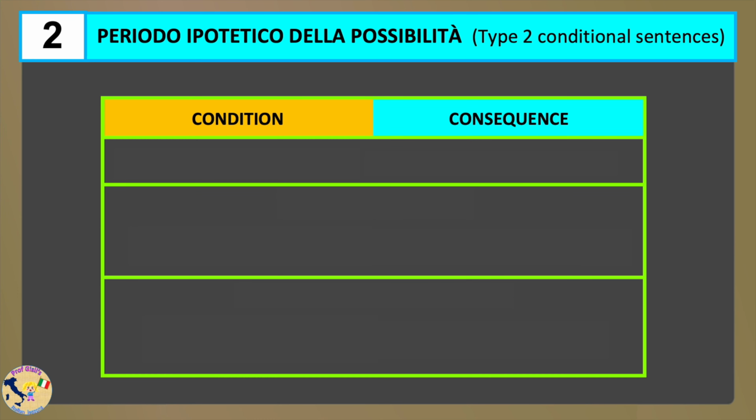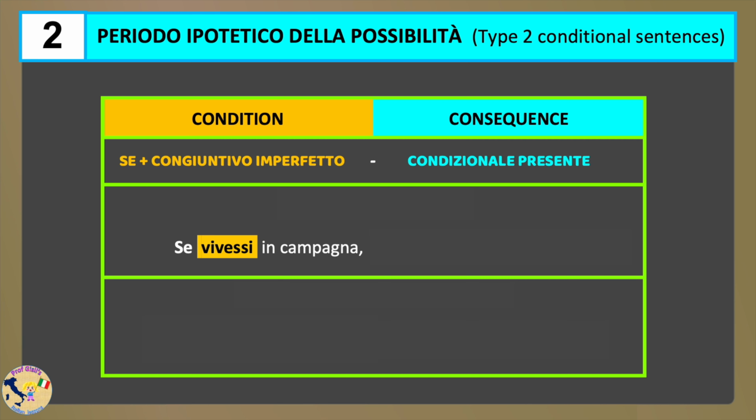With this sentence type, we use se plus imperfect subjunctive, congiuntivo imperfetto, for the condition and the present conditional, condizionale presente, to express the consequence. Take, for example, the sentence se vivessi in campagna pianterei tanti alberi da frutto. If I lived in the countryside, I would plant loads of fruit trees.